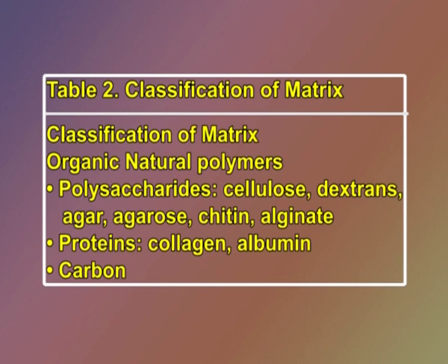Table 2 shows classification of matrix as we discussed earlier. Matrix is classified into two types: organic natural polymers, which include polysaccharides such as cellulose, dextrans, agar, agarose, chitin, alginate; proteins, which include collagen or albumin, and carbon.